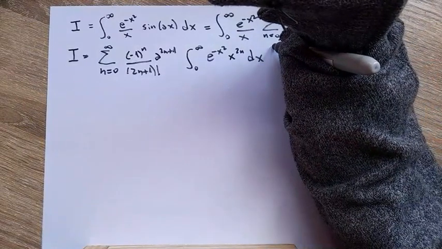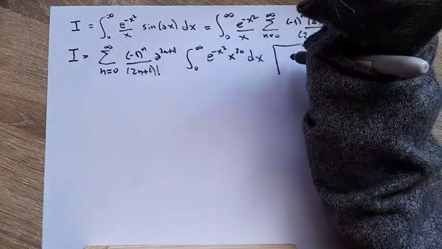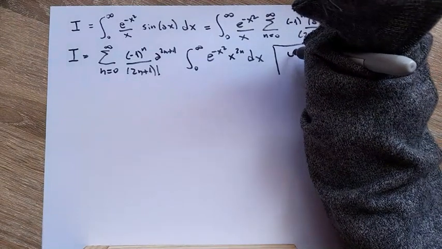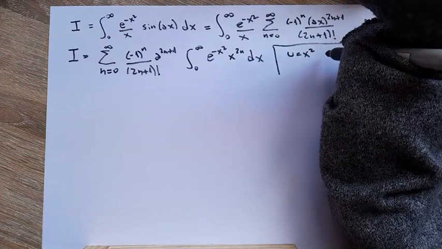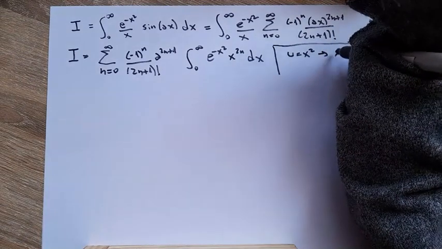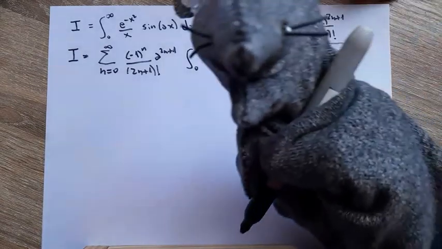Now for this integral, we will do the following change of variable. We will say u equals x squared, or the same, x equals square root of u.